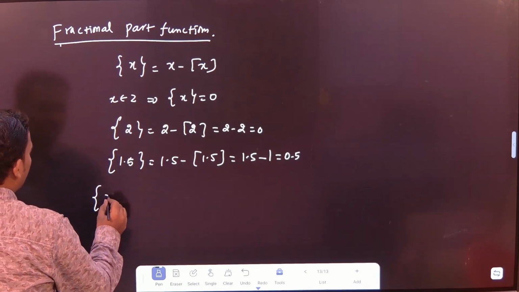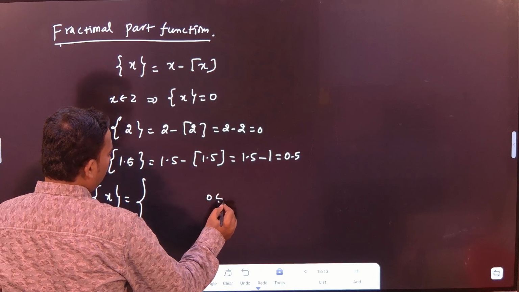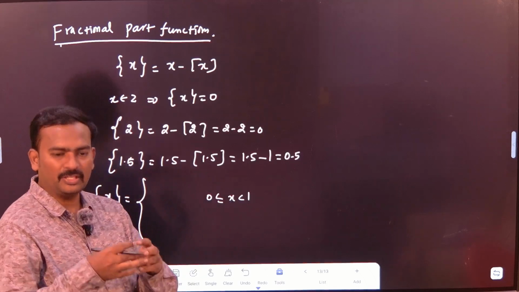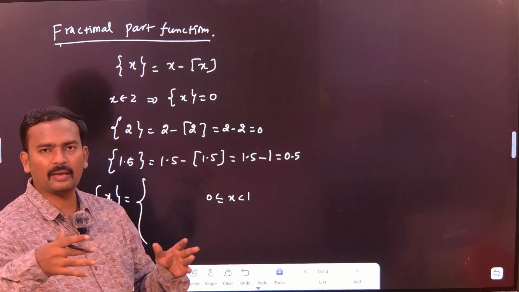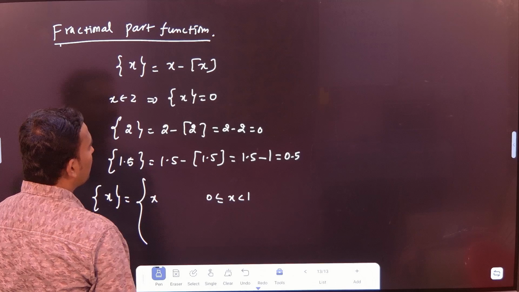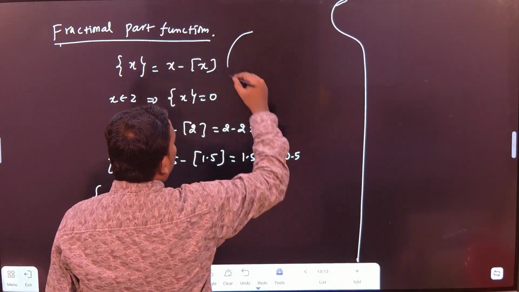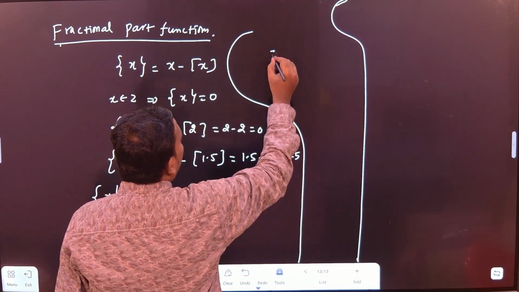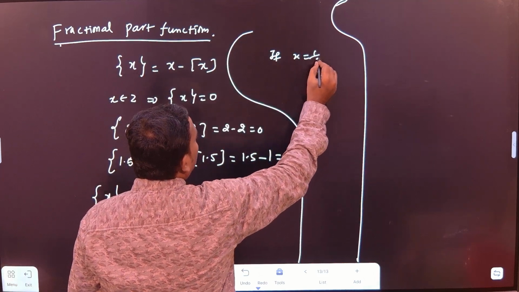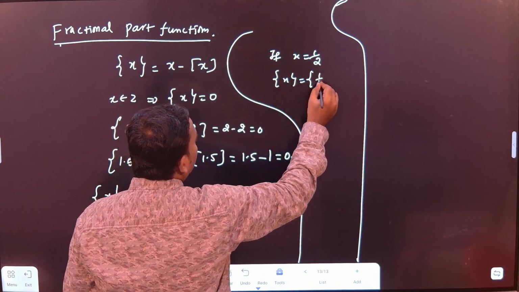The fractional part function, you can see here, when you take x from 0 to 1, that means 0.1 to 0.999 you are taking, you will get the same x value only. For example, suppose I take x equal to 1 by 2. What is the fractional part function of 1 by 2?